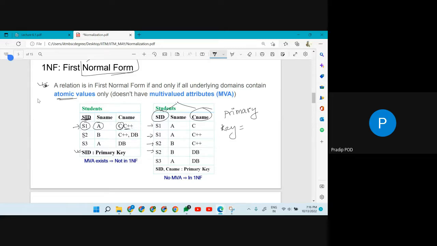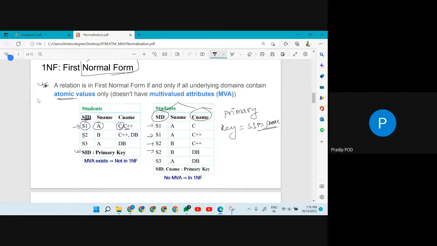Right. So here SID and CNAME are your primary key, right? So in this first normal form, now you can say this table is in the first normal form, right? Because all the values in the table have atomic values.